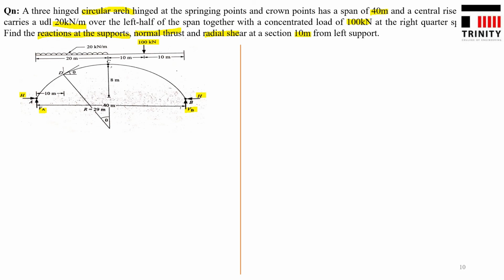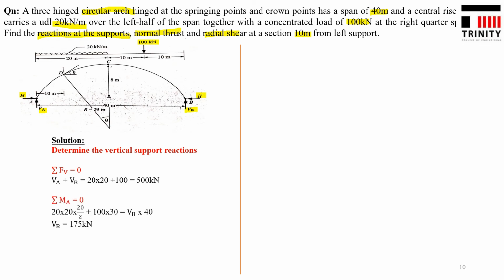Okay. So the solution: first you need to determine the vertical support reactions by using conditions of equilibrium, first sigma F is equal to 0 and then sigma M is equal to 0. By using these, first find the vertical reaction VB. After getting VB, substitute the VB value in the first equation and find VA.